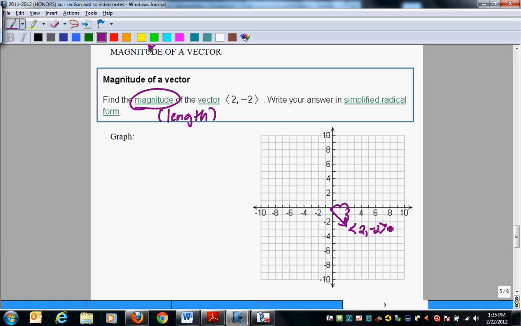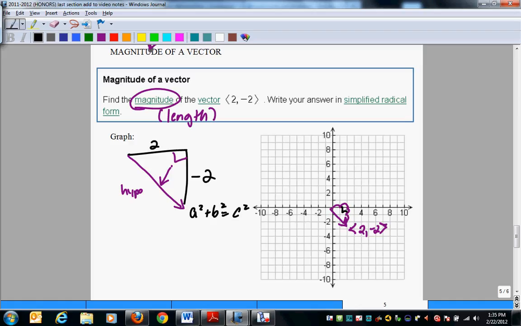Now if you look very carefully, you can see that what we've created technically is a right angle. So we have gone over 2 and down 2, and we want to find this length right here. You could see that technically what we have here is the hypotenuse of a right triangle. So we can use a squared plus b squared equals c squared.